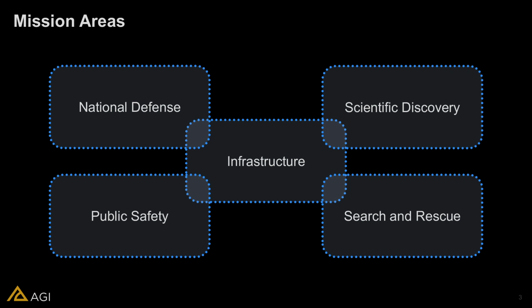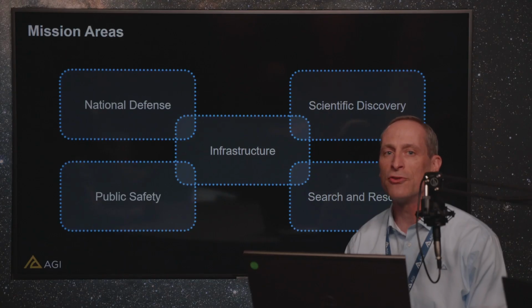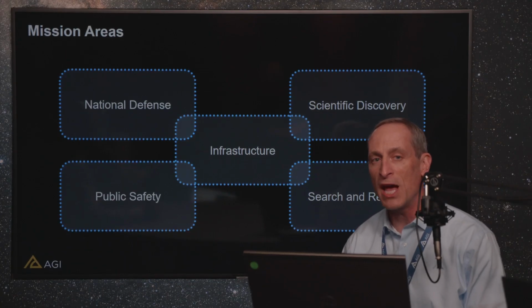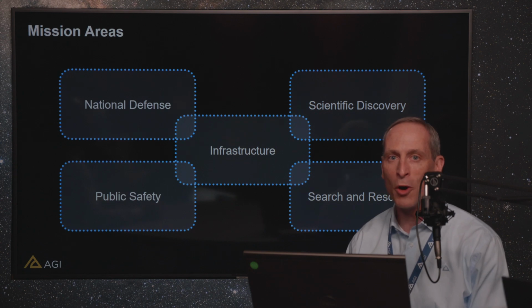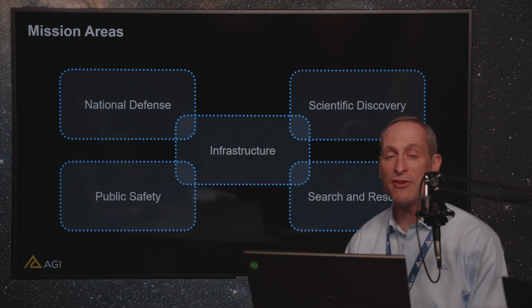But in general, the application of digital mission engineering can apply in more generic ways. So for example, for communications infrastructure or for position, navigation, and timing infrastructure, because those infrastructure elements overlap in these mission areas and are generally evaluated that way, digital mission engineering can be applied to that as well.